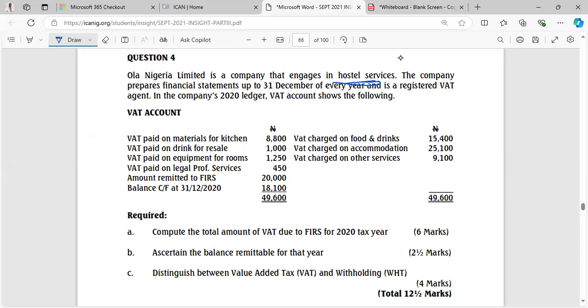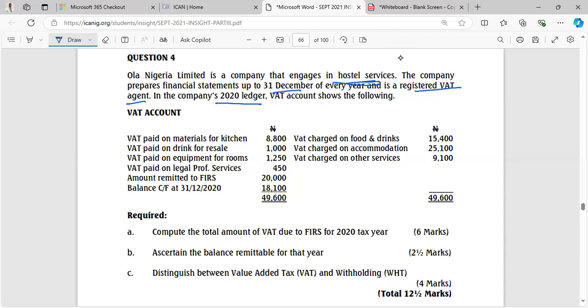And I'm thinking, okay, so VAT is involved here. The company prepares financial statements up to December 31st every year and is a registered VAT agent. That's fine. In the company's 2020 ledger, the VAT shows the following.